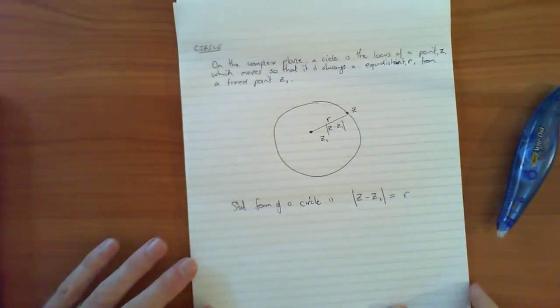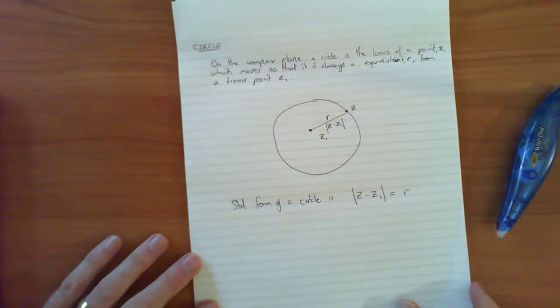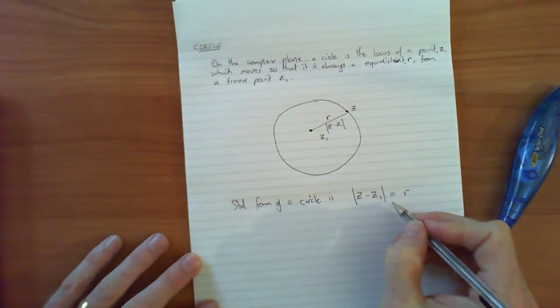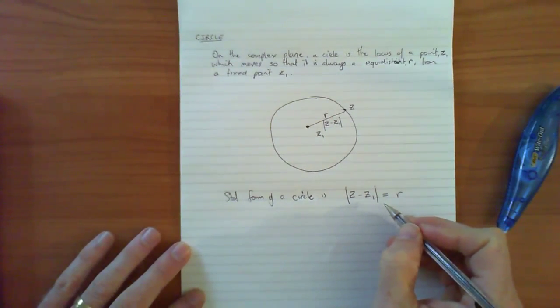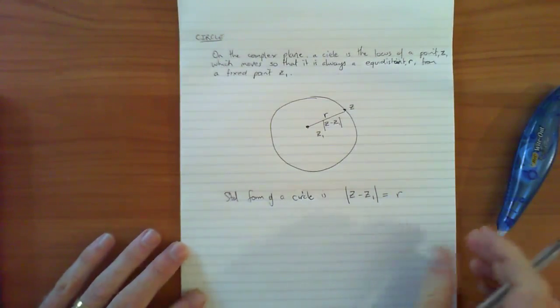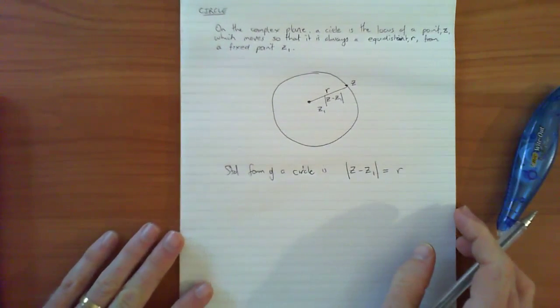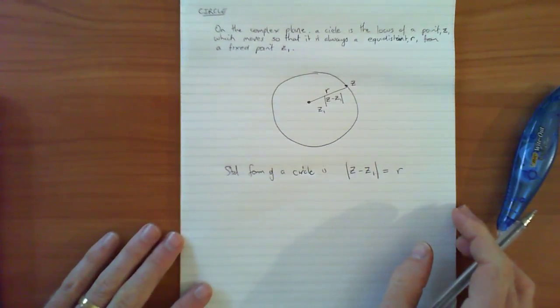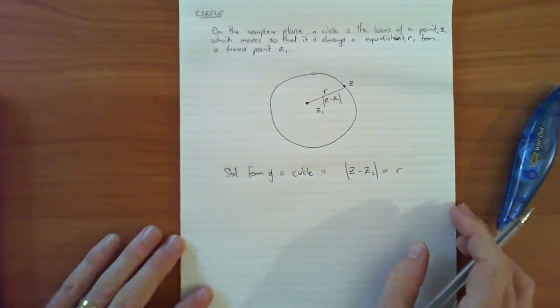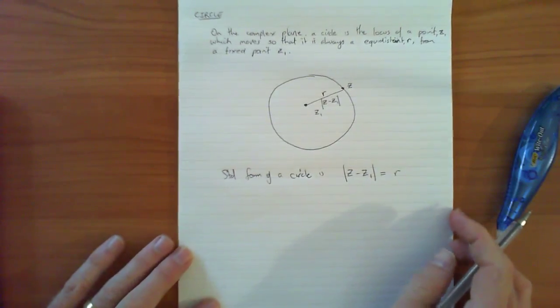So there we have the standard form of a line and the standard form of a circle. In the next video, I will show you how we can convert between the complex form and the Cartesian form, and also how we could possibly go about sketching some of these graphs.